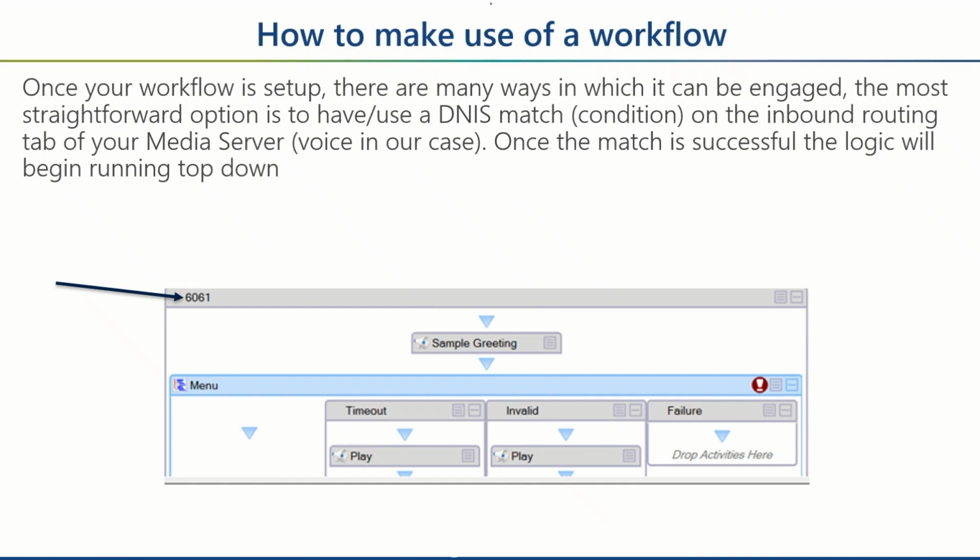So press 1 for billing, press 2 for technical support, press 3 for account services. The overarching goal here is that when calls come in, you want a way to get them directed to a specific workflow. Often that is going to be done through a DNIS match of some kind.